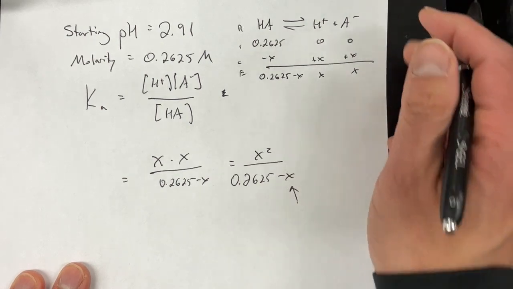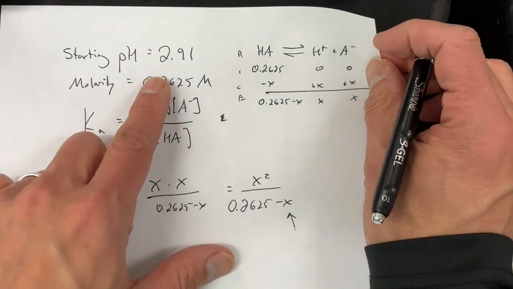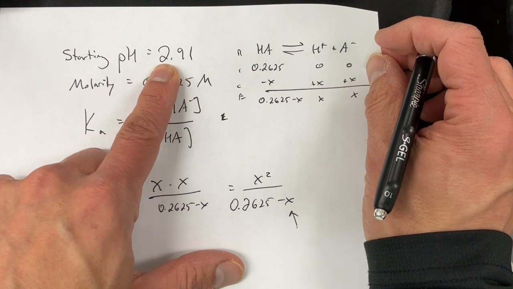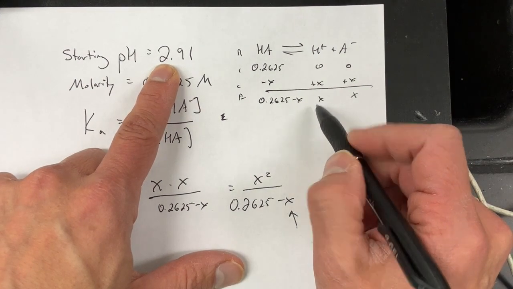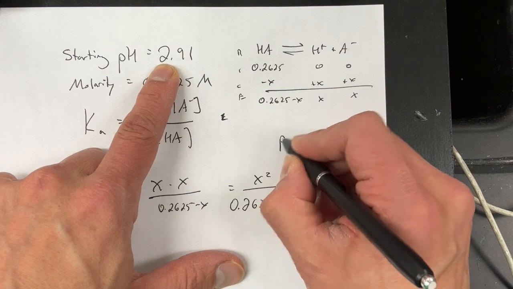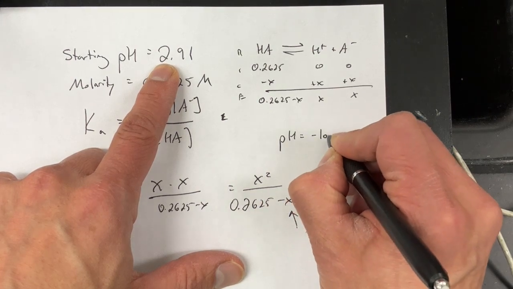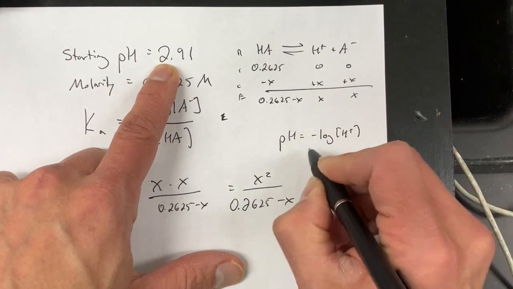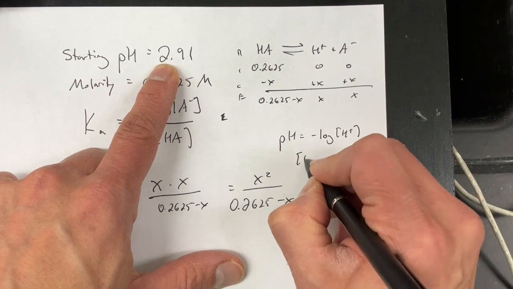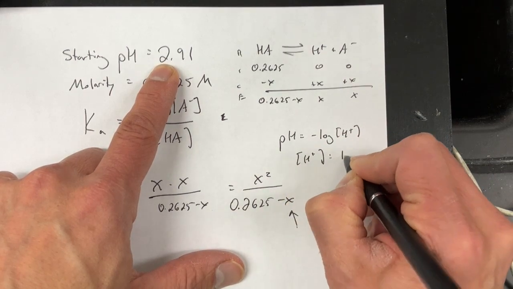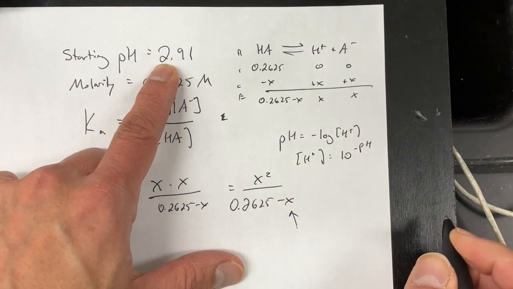And if I have the pH, I can get the H plus. So remember, pH equals negative log of H plus, or H plus equals 10 to the negative pH.